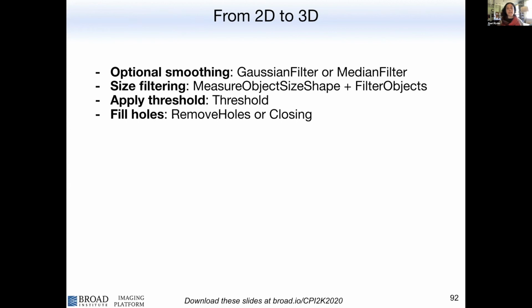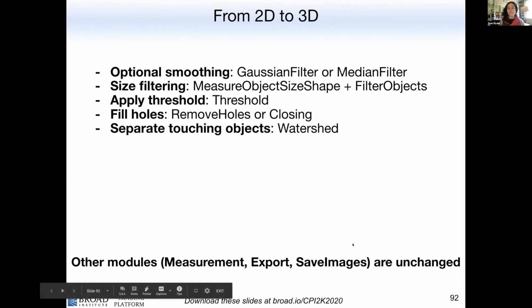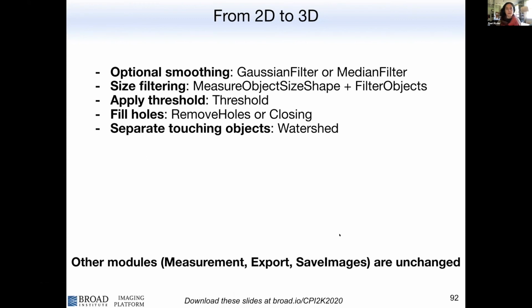In the tutorial today, you'll use the Remove Holes module. And finally, you go from a thresholded image into individual objects using the Watershed module. Other modules in your pipeline are essentially going to be unchanged in their usage compared to how you do this in a two-dimensional workflow.